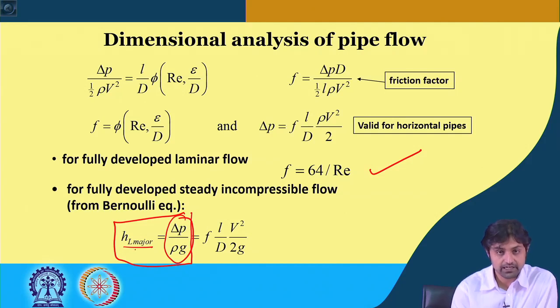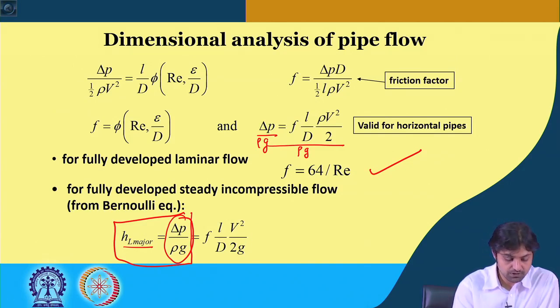So this is the head loss major, and delta P by rho g can be obtained if you use this equation and divide it by rho g. So what are you going to get? F will remain the same, L by D will remain the same, rho gets cancelled, and we get F into L by D into V square by 2G.